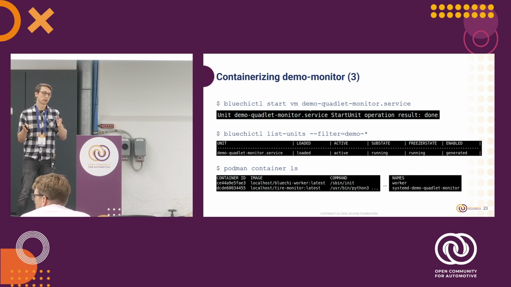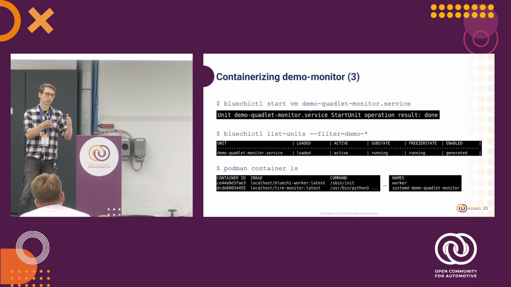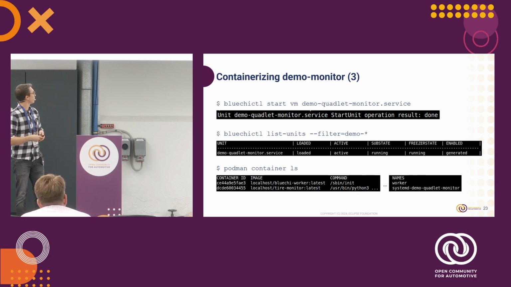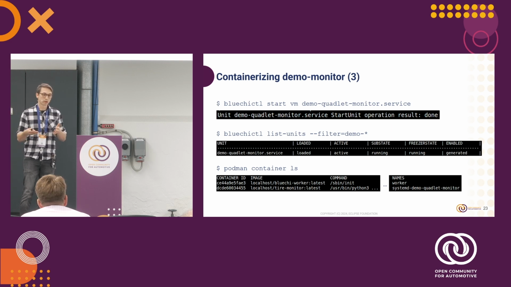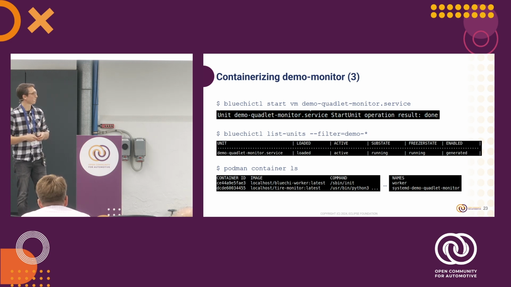So it basically prefixes the name of the unit file with systemd. Well, and that's it. If we do systemctl stop or bluechictl stop, we stop not only the service, but also, of course, the respective container that's being run by it. And that's how you do containerized applications under BlueChi.